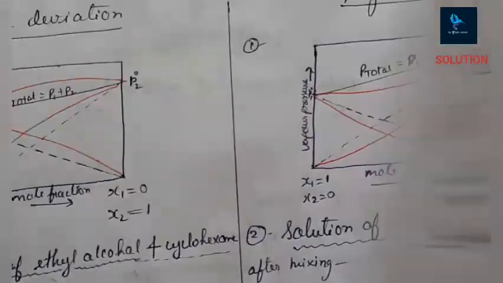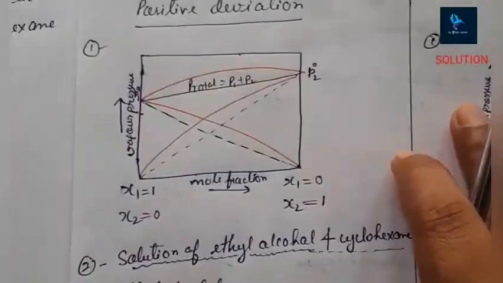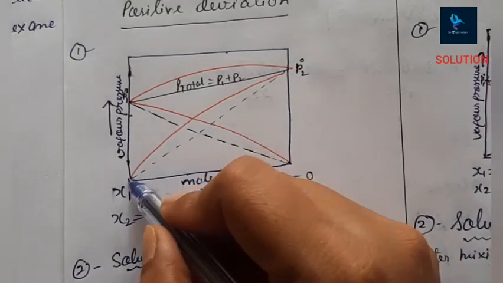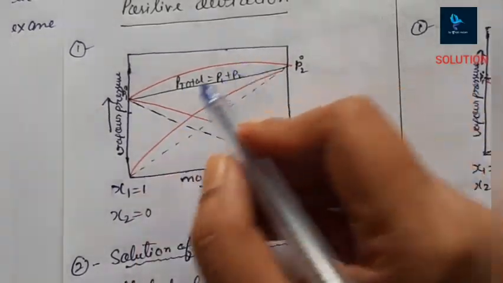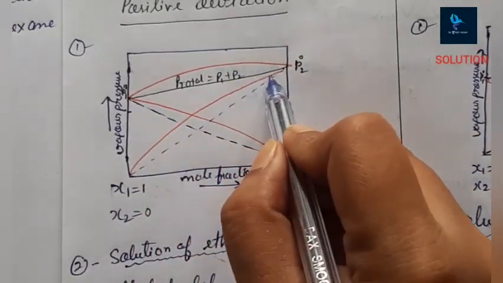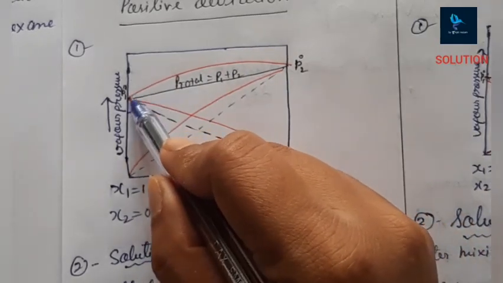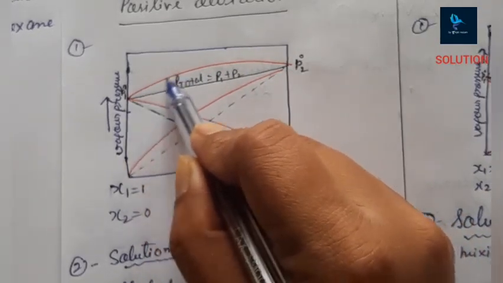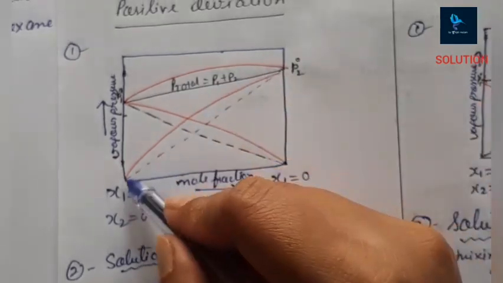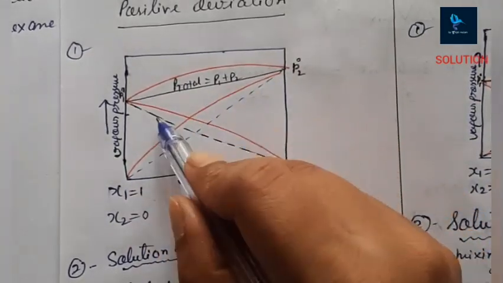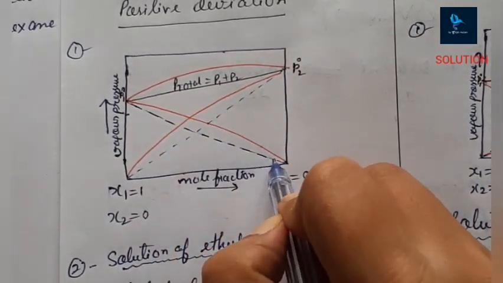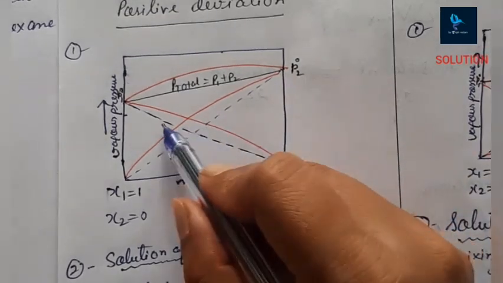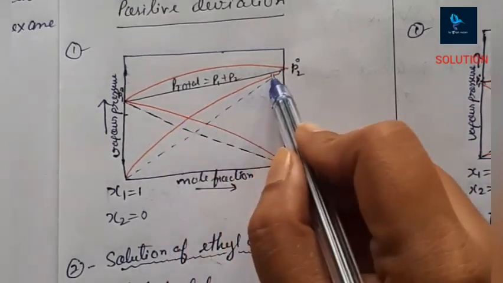When some solutions do not follow this path, the pressure increases from this path. I'm using the orange color pen to show the deviations.